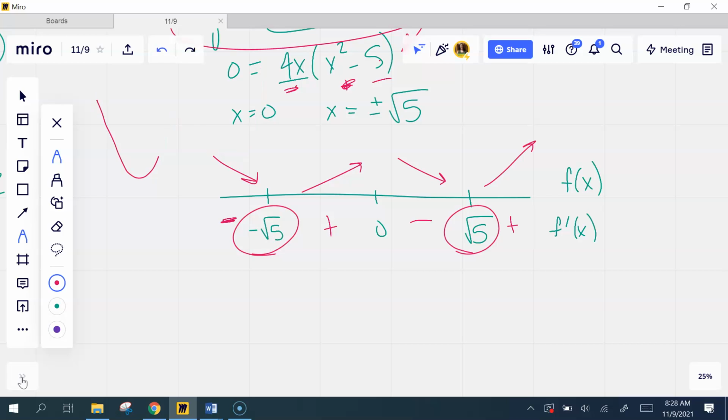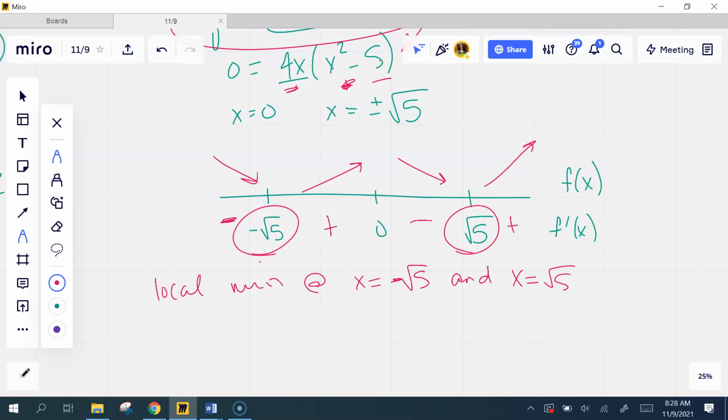So locals are good because with locals, all I have to do is look for sign changes. So here, I have a local min at x equals negative square root of 5 and x equals square root of 5.